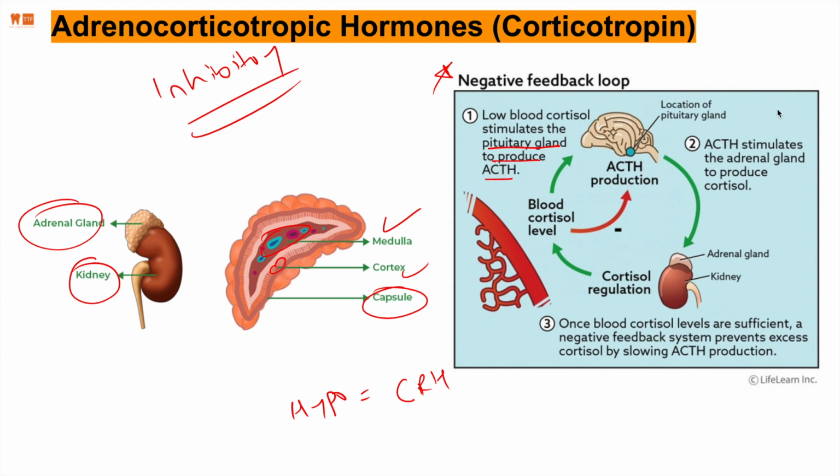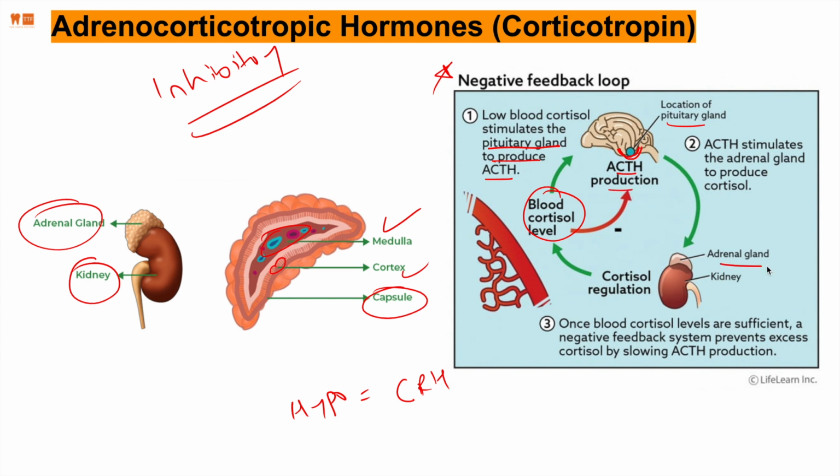Okay? This is the base of the skull that we talked about. Sella turcica, pituitary gland is here. Now, ACTH stimulates adrenal glands to produce more cortisol. Okay, so low cortisol levels in the blood tell the pituitary to produce more ACTH.